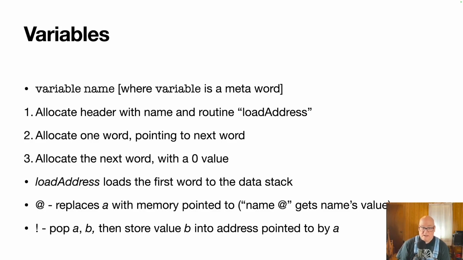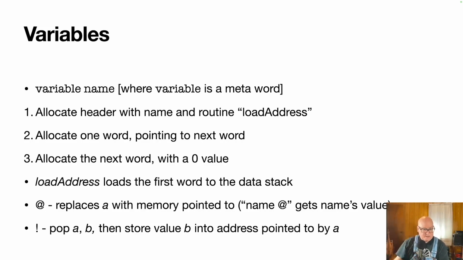Now the opposite is the store, and store pops the 2 addresses, and the value B goes into the address pointed to by A. So if you said name 7 bang, it would pop the name and the 7. Name would have brought the address up. The 7 would be the top of the stack.